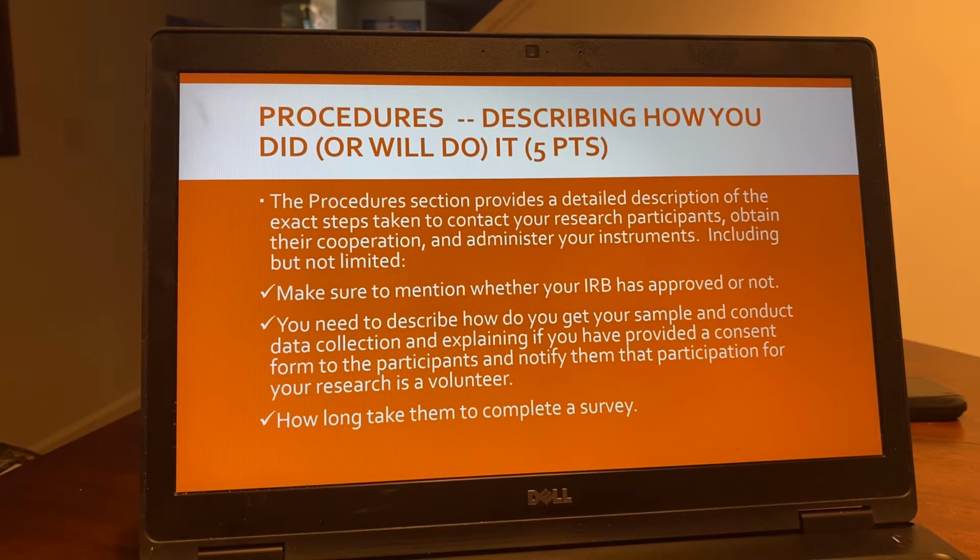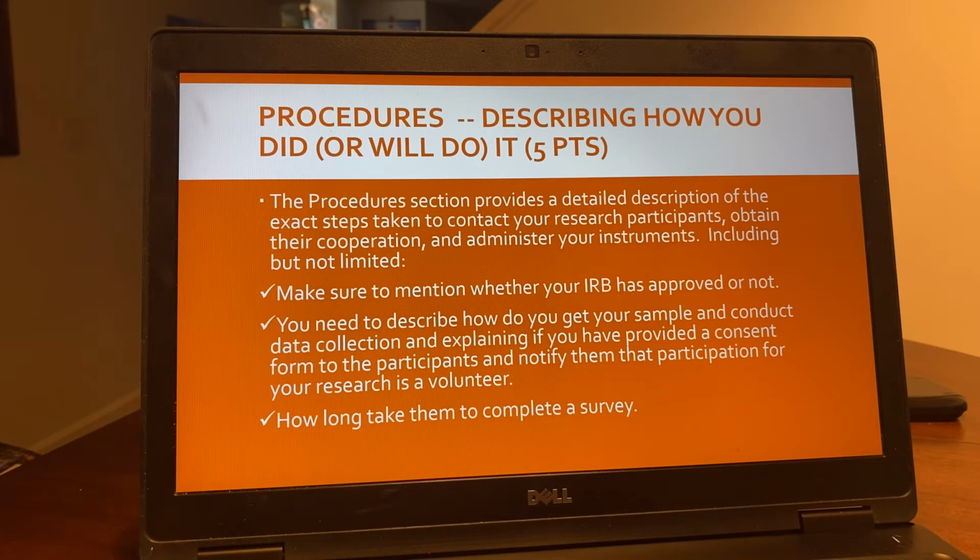For example, you contacted a professor and got the professor's permission, and they posted a questionnaire for you in their class, and so on. Then you also make sure you give them the consent form so they know participation in this research is voluntary. They can withdraw anytime.